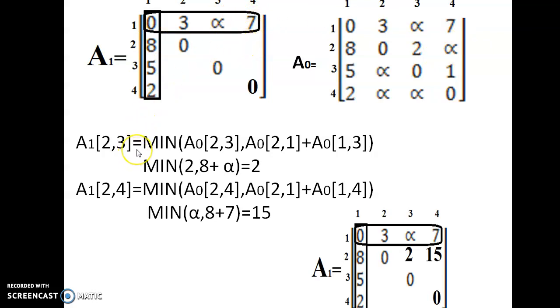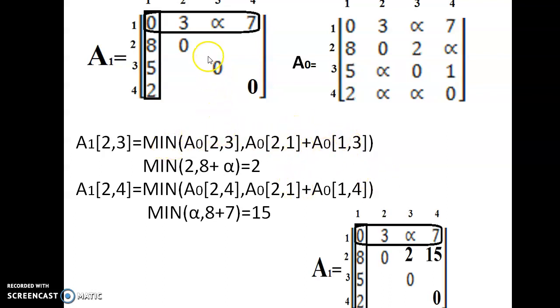Now in formula terms, we write this as the minimum of A0 of 2 3 and A0 of 2 1 plus A0 of 1 3, because we are considering the first row and first column. Here in all the steps we are getting ones only.